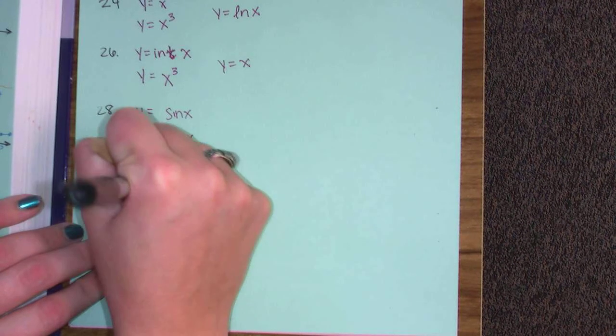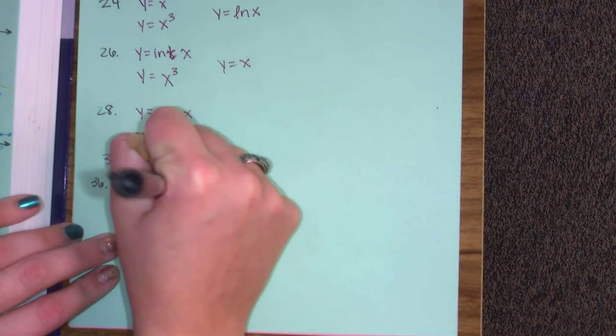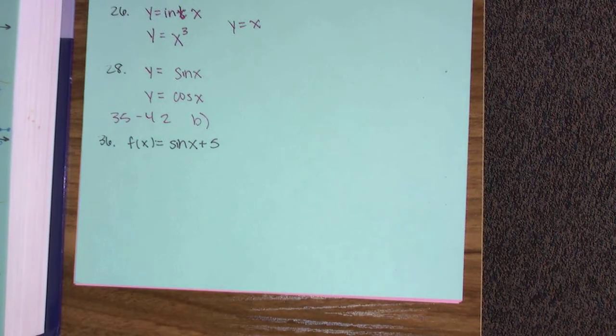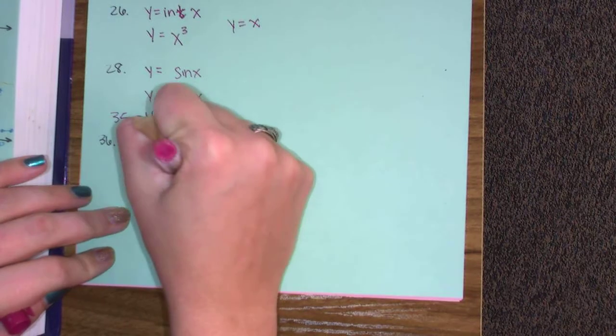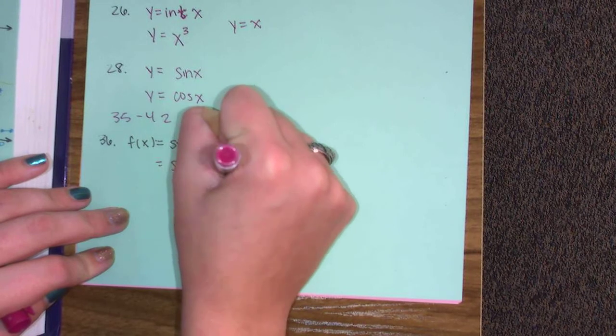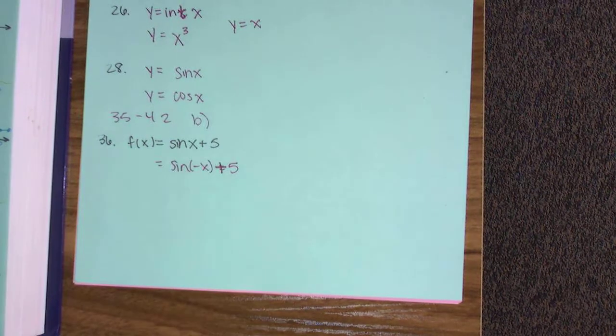F of x is equal to the sine of x plus 5. So how do I check if it is even or odd or neither? Plug in negative x. So the sine of negative x is plus 5. Now what?